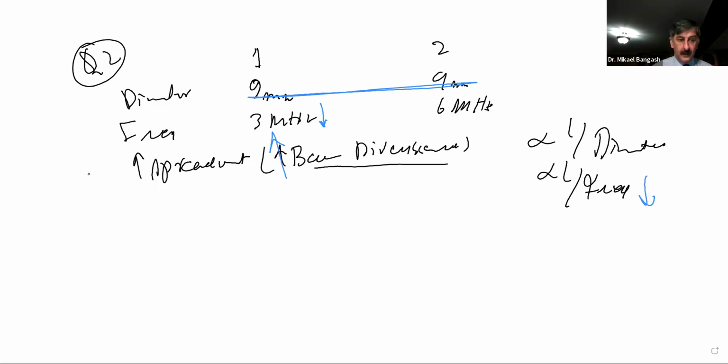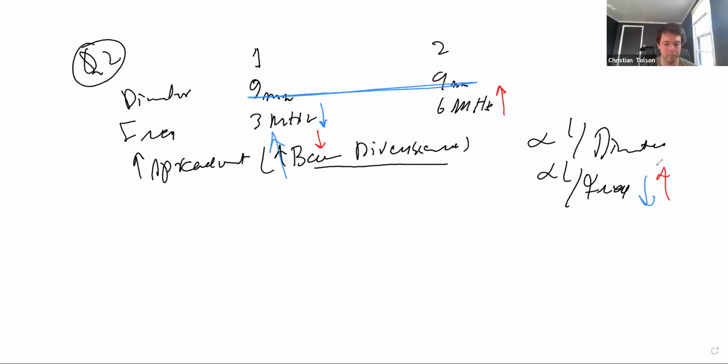Whereas the one with a higher frequency is going to have the lesser beam divergence. Did you guys get that? Good.